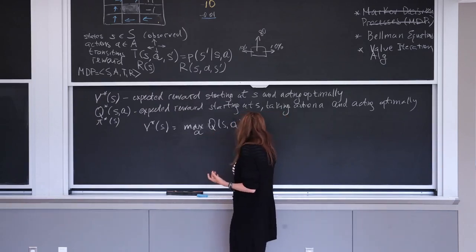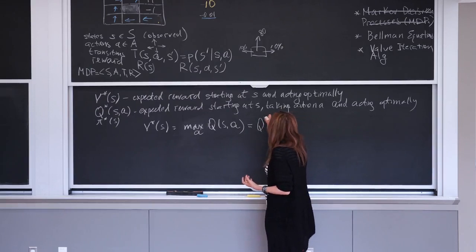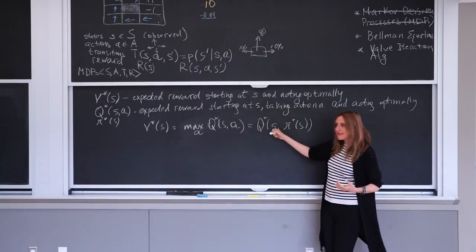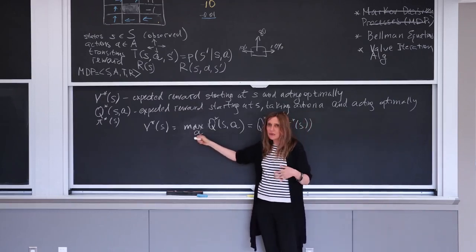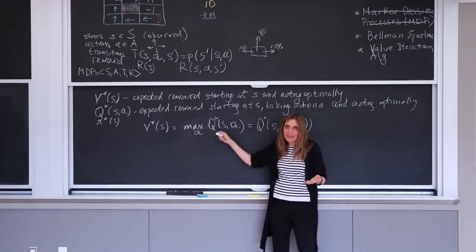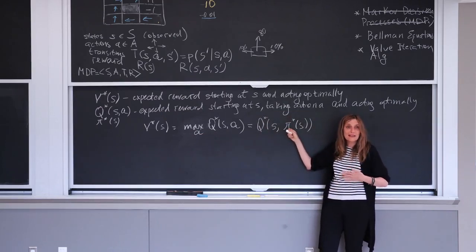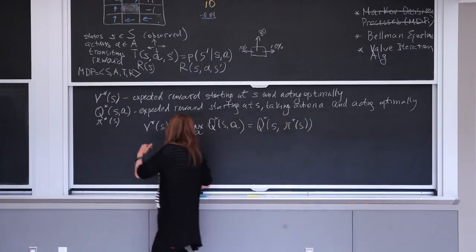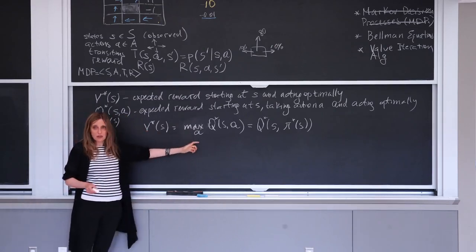Another way to write it is Q(S, pi star(S)). Instead of explicitly showing that we're selecting the best possible action, this is the action that should be written in our policy. Our policy will tell us what is the best action to take. Okay, so this is the connection between V and Q.